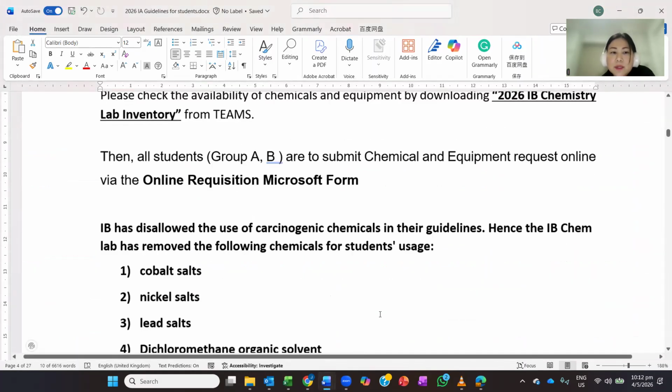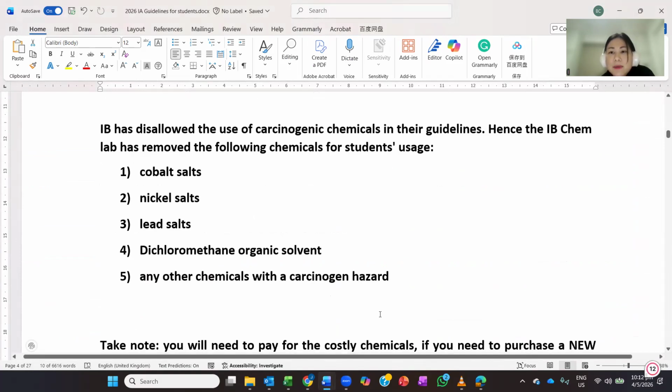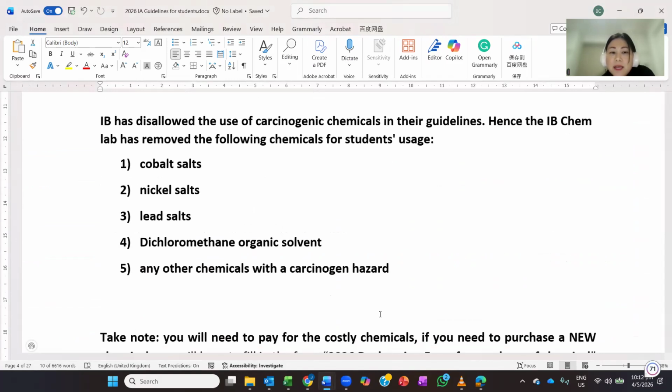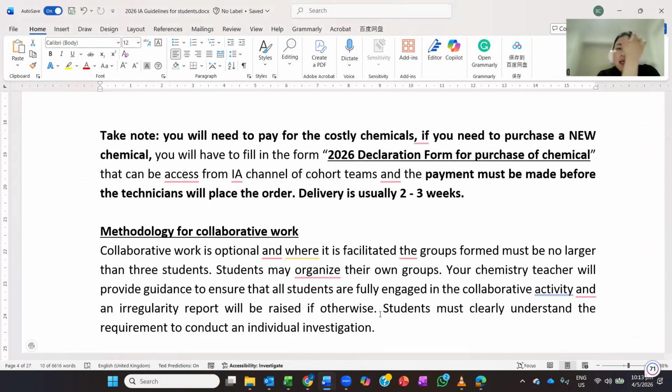Now, IB has disallowed the use of carcinogenic chemicals, so we will not allow students to access cobalt, nickel, lead, dichloromethane, and other hazardous chemicals. Certain chemicals you may need to pay for if they are very costly. A lab tech will advise you if payment is needed or to top up for the cost.